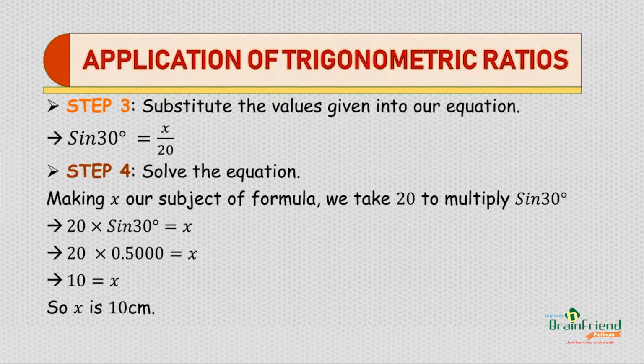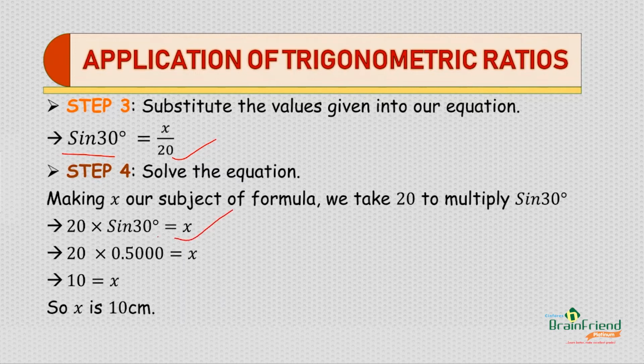Step 3, we substitute the values given into our equation. So this will give us sine 30 degrees is equal to x over 20. Step 4, we solve the equation. Making x as subject of formula, we take 20 to multiply sine 30 degrees. This will give us 20 multiplied by sine 30 degrees is equal to x.